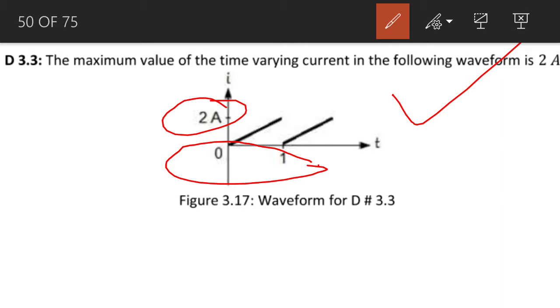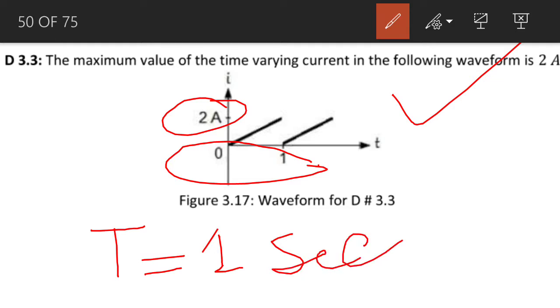So if the pattern takes 1 second to repeat itself, then the time period of this waveform will be 1 second. We can define the time period in these words as well: the time taken by a pattern to repeat itself is known as time period.